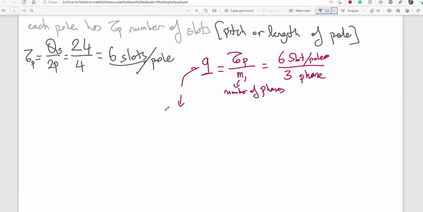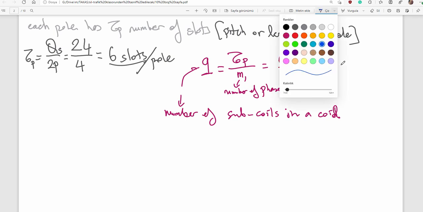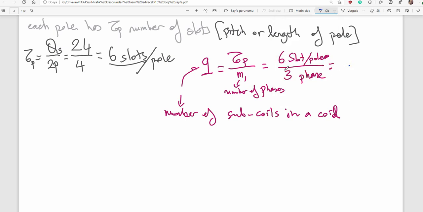Here's another explanation: 6 over 3 makes 2 slots per pole per phase.